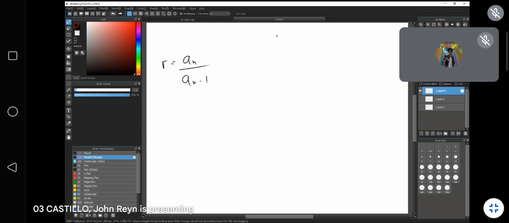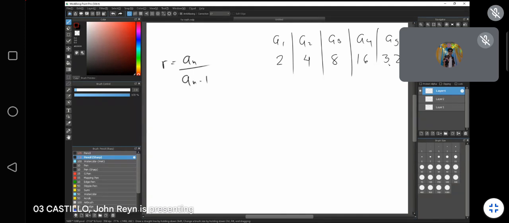So let's try giving a sequence first. So a sub 1, a sub 2, a sub 3, a sub 4, and a sub 5. So let's try doing something simple first. So let's use 2: 2, 4, 8, 16, and 32.